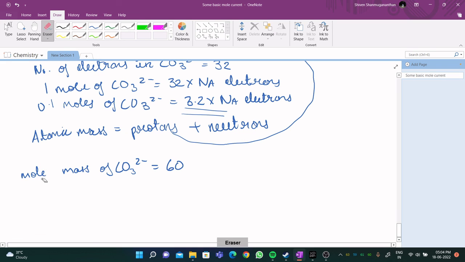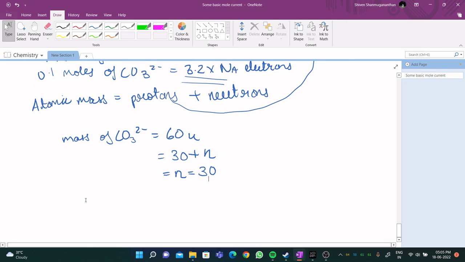Molecular mass, well, let's just write mass of CO3 2 minus is 60 U. Right. So 60 U will be 30 protons, which we saw earlier, plus a mystery number of neutrons. We get n is equal to 30. So now we know there are 30 neutrons.